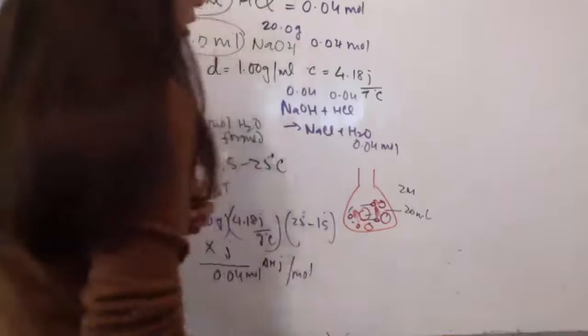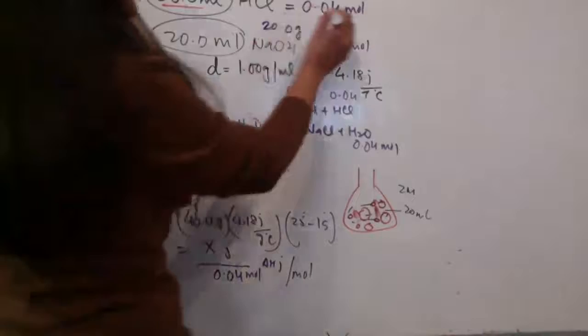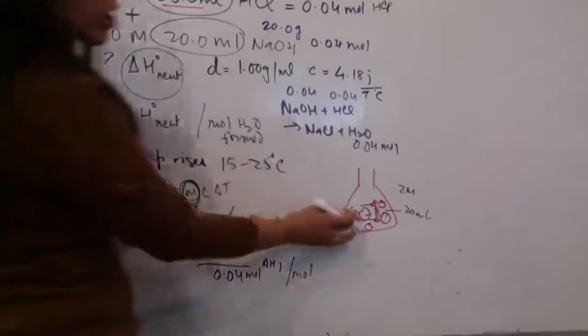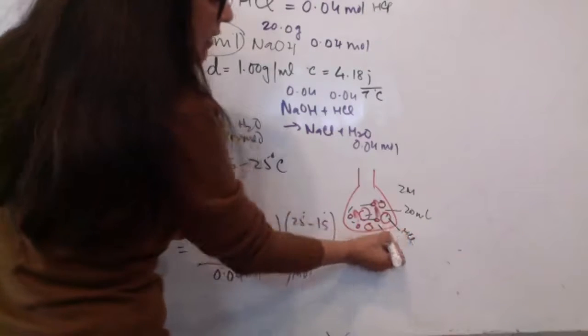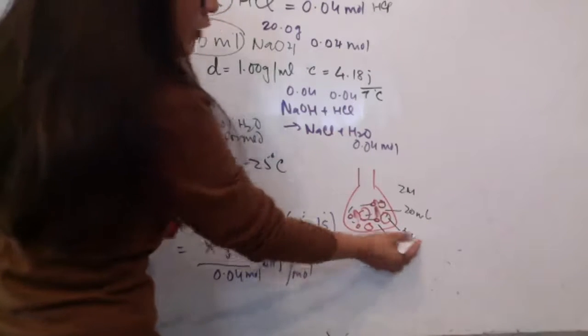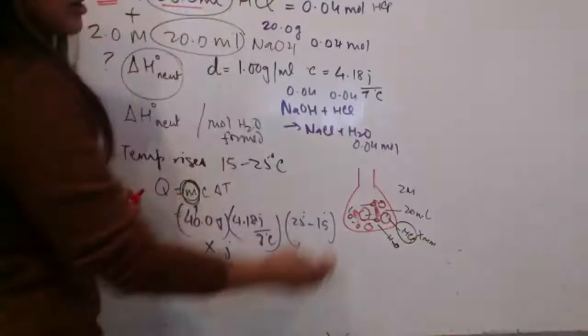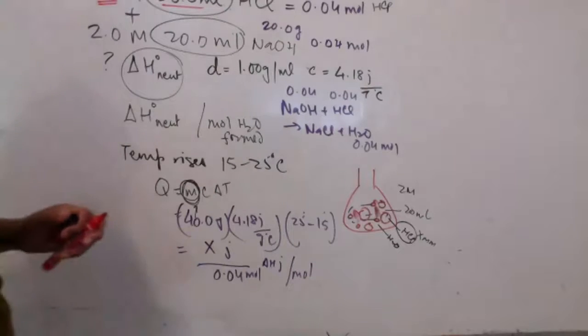I'm drawing 4 because each one is representing 0.01. When you multiply molarity by volume, it is only solute, not solvent, right? There is HCl in here and there is H2O in here. If you take only HCl and multiply it by molar mass, you will only get the mass of HCl. That's erroneous. You can't do that.